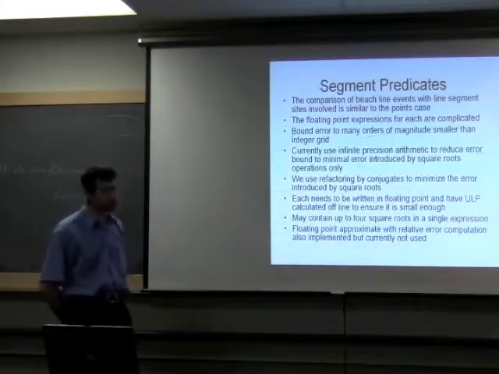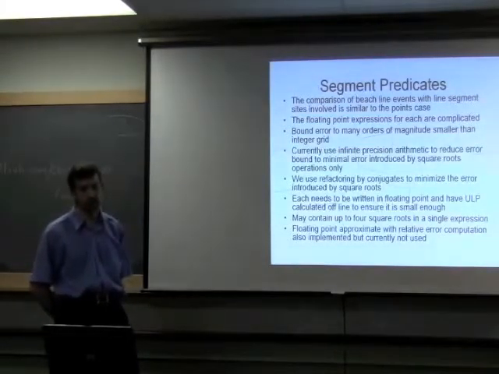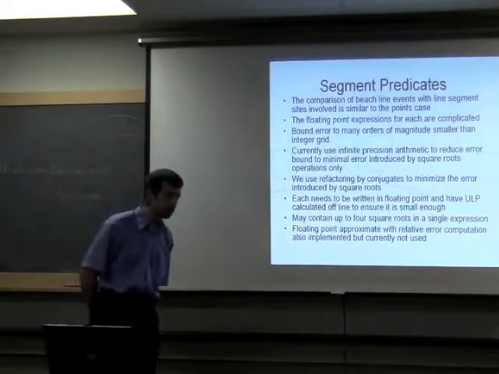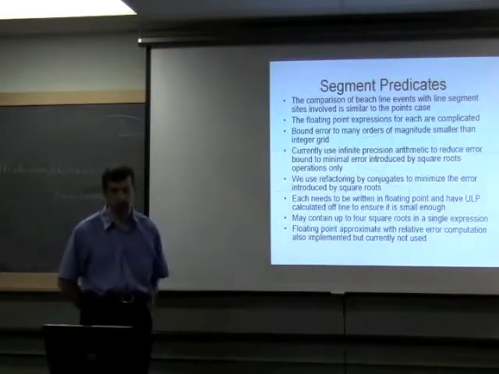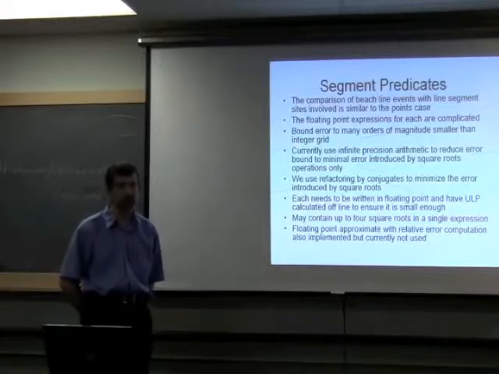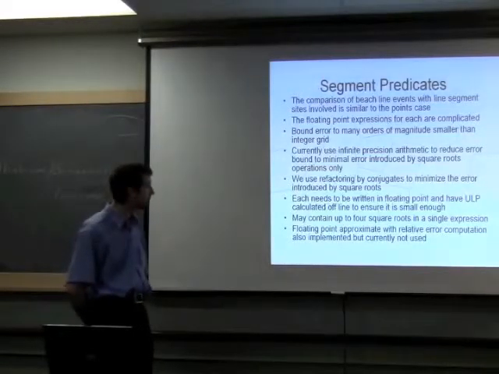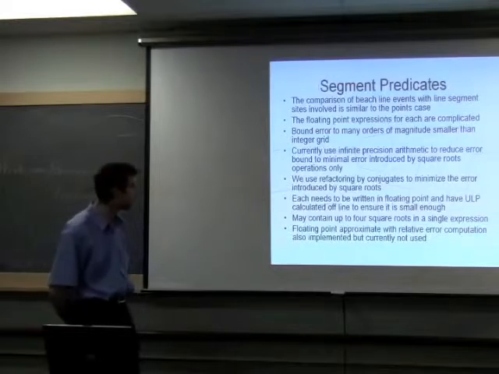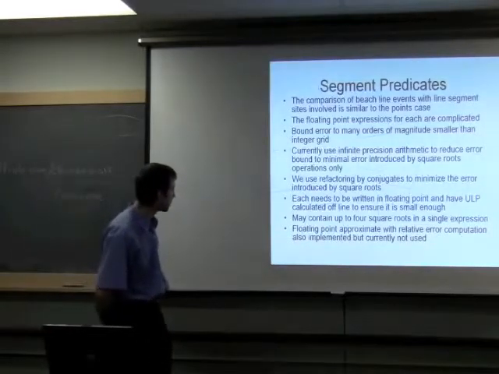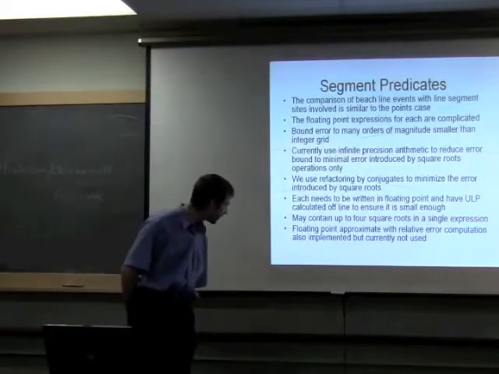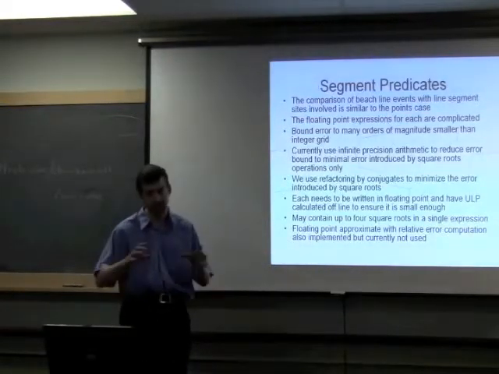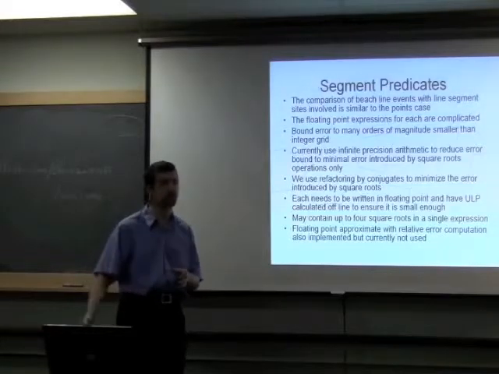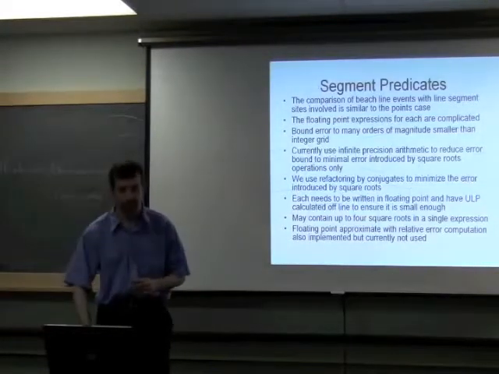So what we're doing currently is we're using infinite precision all the time for the segments, and floating point just for the square roots, refactoring by conjugates as I showed you, and using infinite precision for the regular arithmetic so that we get basically zero relative error there and minimize the relative error due to the square roots, which gives us a very small error bound. We've implemented the floating point approximation, but it's not currently used because we're trying to get the algorithm correct, and then we'll swap it in and make it faster.